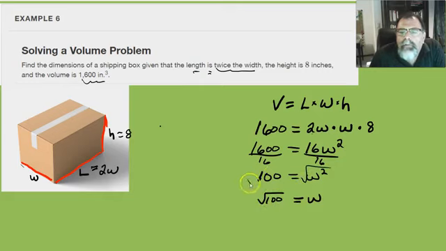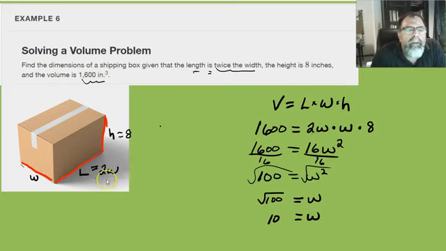So W is 10. Technically, the square root of W squared is the absolute value, so that would give you plus or minus. But since this involves a length or width, we don't want a negative width, so we just throw out the negative one. Okay, so the width is 10.